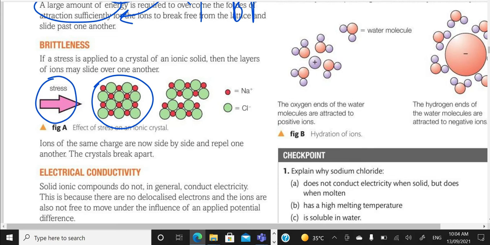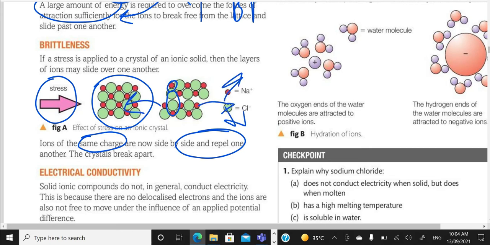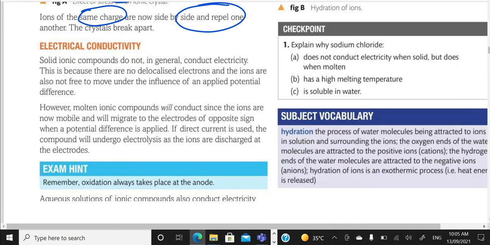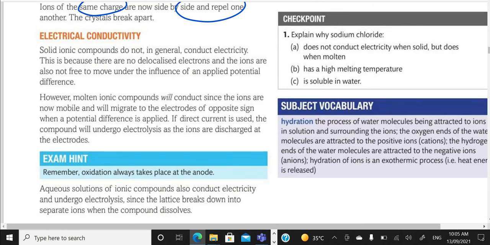So the same charges, that is the positive and the positive, or the negative and the negative, get close to each other. Once they get close to each other, there's a repulsive force applied on them. And this repulsive force is rebouncing those particles back, and they're unable to stay on their original position. Rather, they break down into small pieces of the crystal.